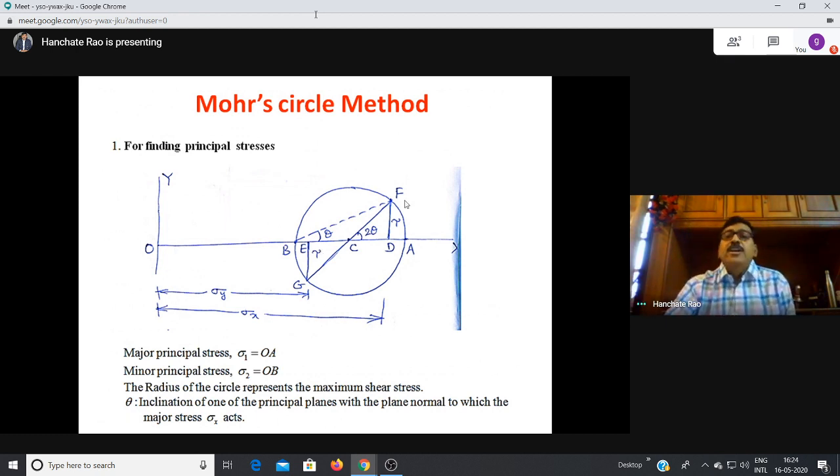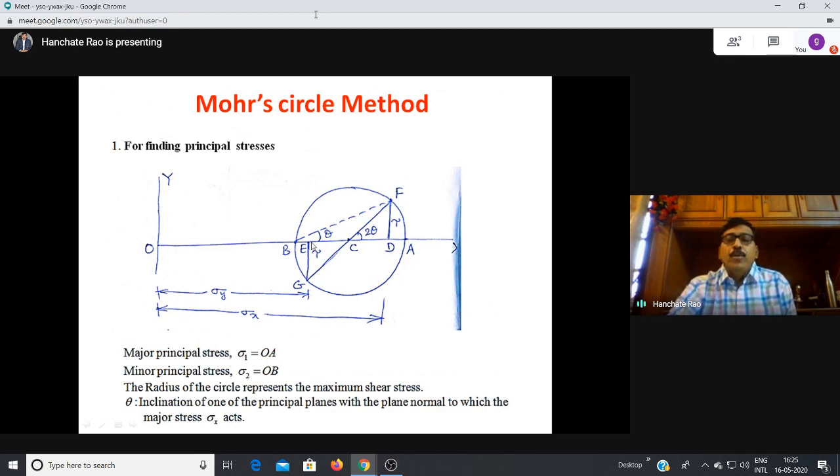At D, draw a perpendicular line to the x-axis equal to a length of tau. Say tau is equal to 30 newtons per mm square. So you have to draw 3 centimeters perpendicular. Similarly at E, draw downward tau, another 3 centimeters. So now you got point F and point G.